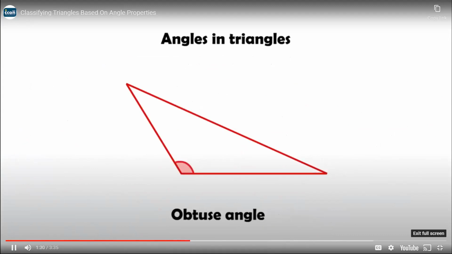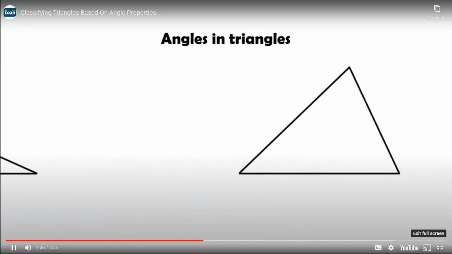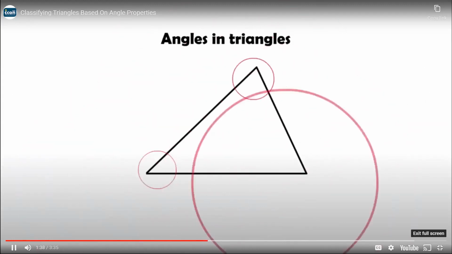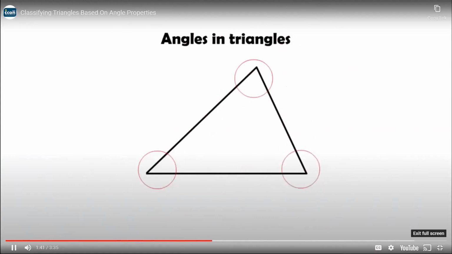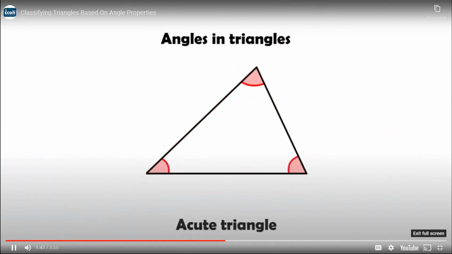Also, if a triangle has an obtuse angle, then we call it an obtuse triangle. What about this triangle? As you can see, it has no right angles or obtuse ones. All of its angles are acute. This type of triangle is called an acute triangle.